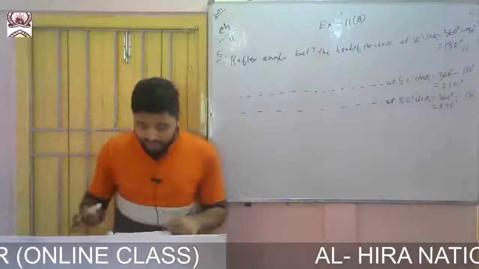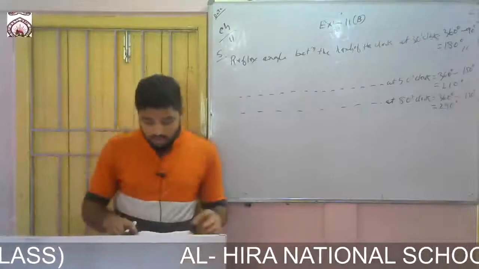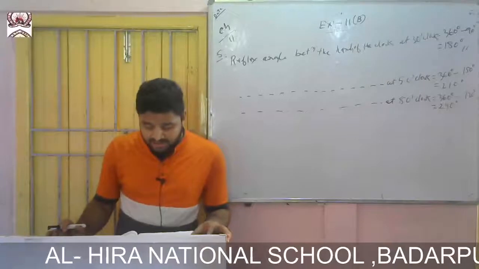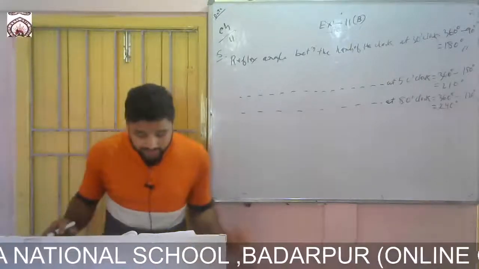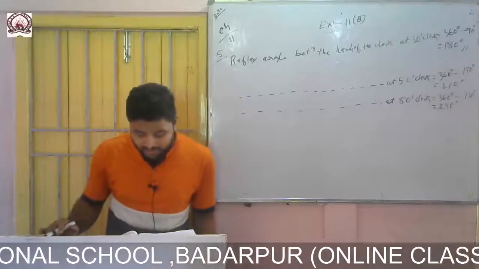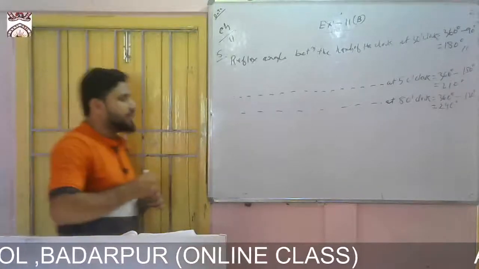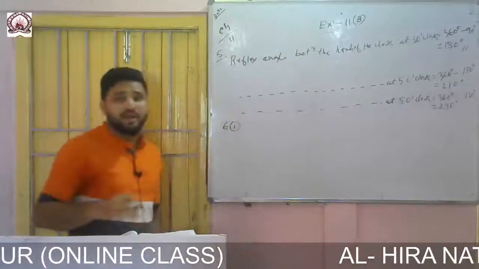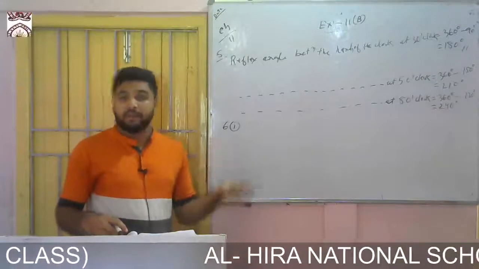Now come to question number 6. Tell whether the statements are true or false. Question 6.1: if two angles are acute angles, their measures must be equal.